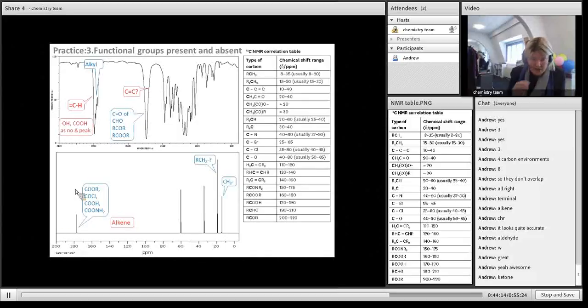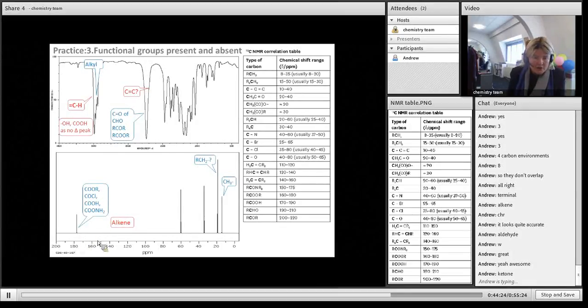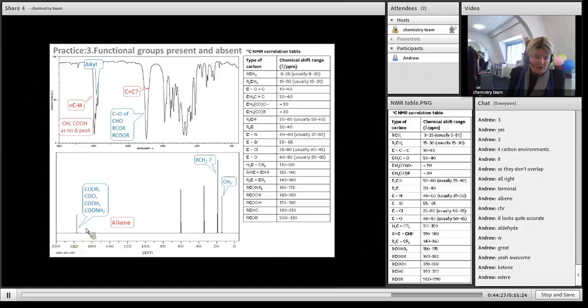But if we look over here, we know it's not an aldehyde or ketone because there's no peak further downfield. So it must be the ones that fit round about between 150 and 200.